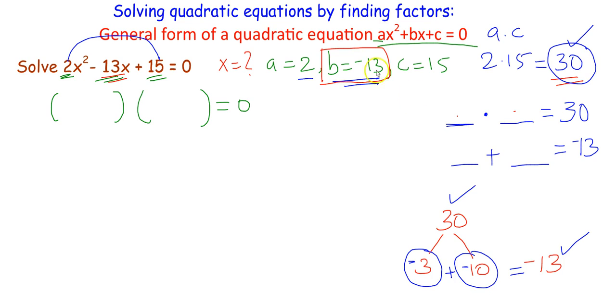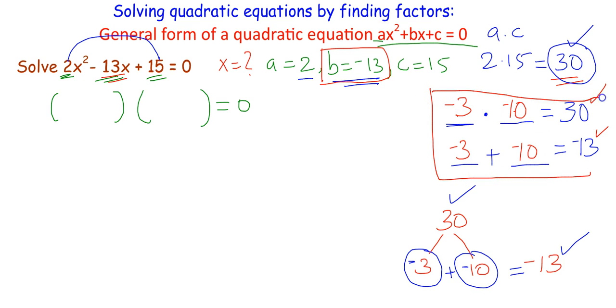We could get those two numbers, negative 3 times negative 10, which gives you positive 30, and negative 3 plus negative 10, on adding those two, you got negative 13. So this important step is done.